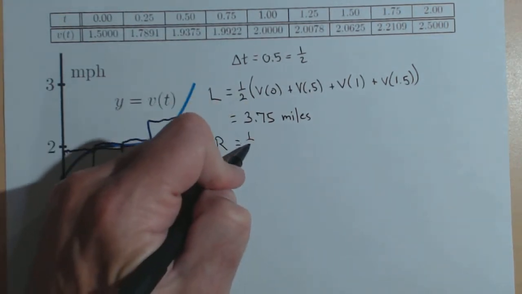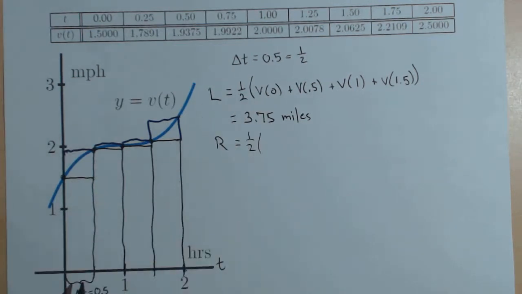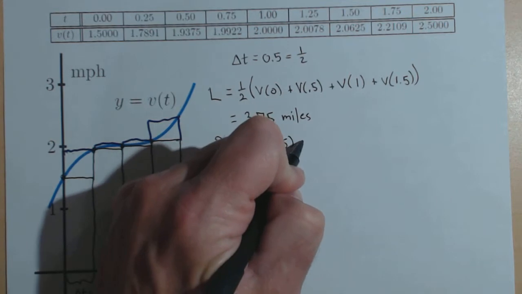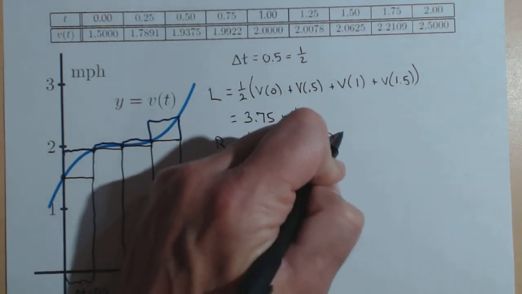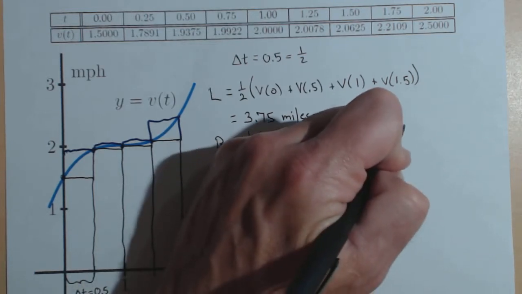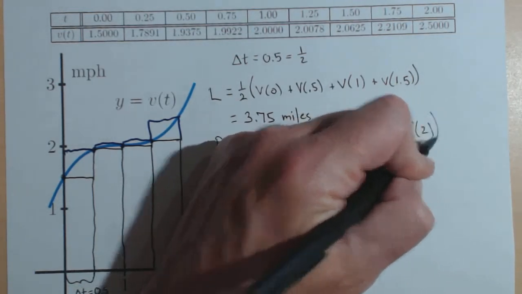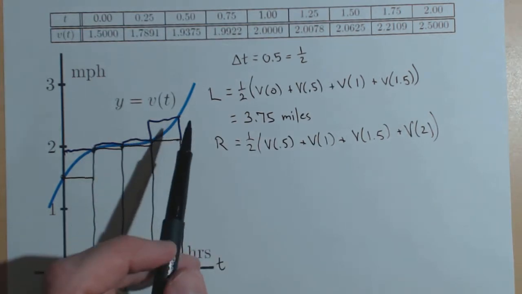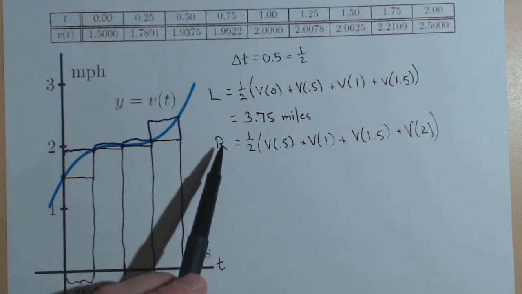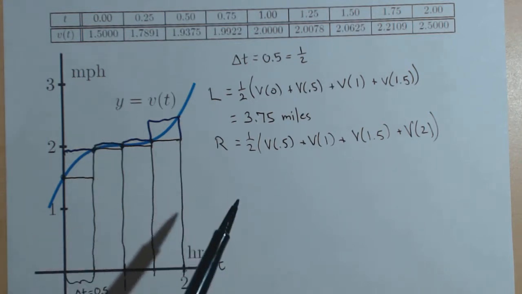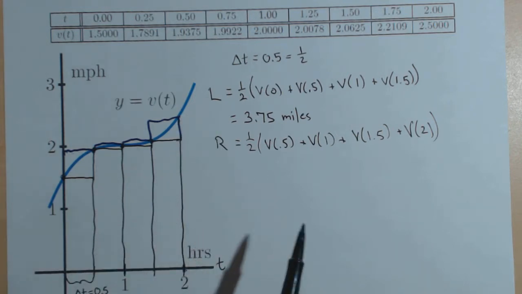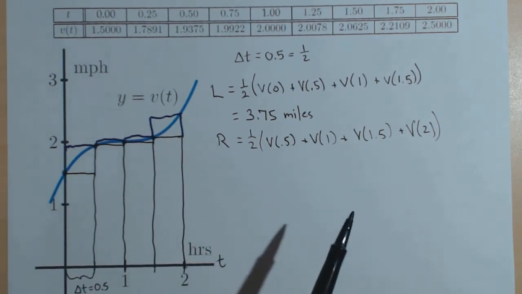And now instead of starting at v of 0, we would have started at v of 0.5, v of 0.5 plus v of 1 plus v of 1.5 plus v of 2. That would have given us another estimate of the area. And then if we wanted to, we could average the left-hand and right-hand rule to get a little bit more accurate. So these are all ways that we can estimate. I just decided to do a left-hand rule for this particular video.